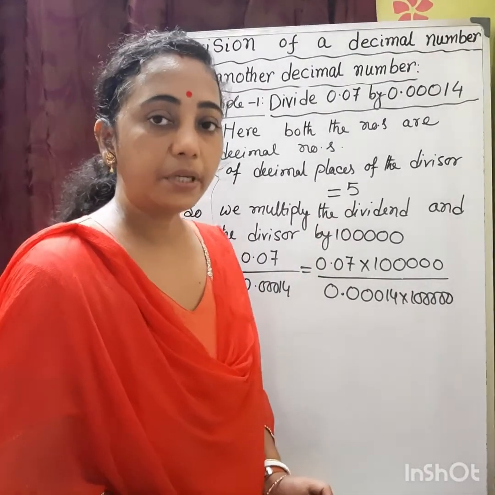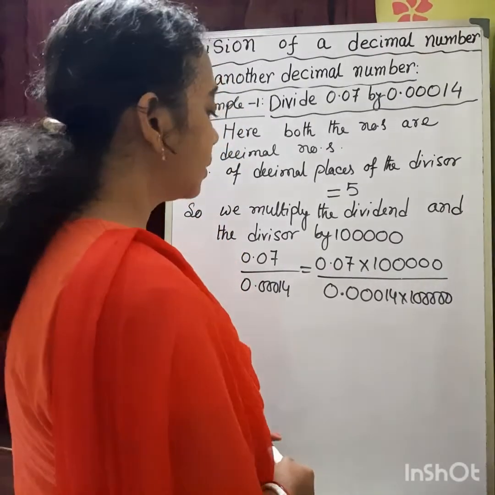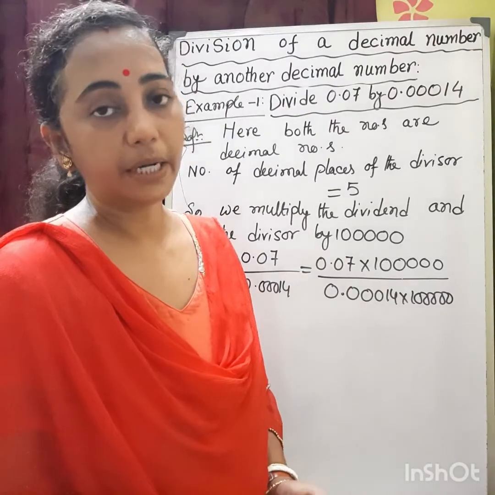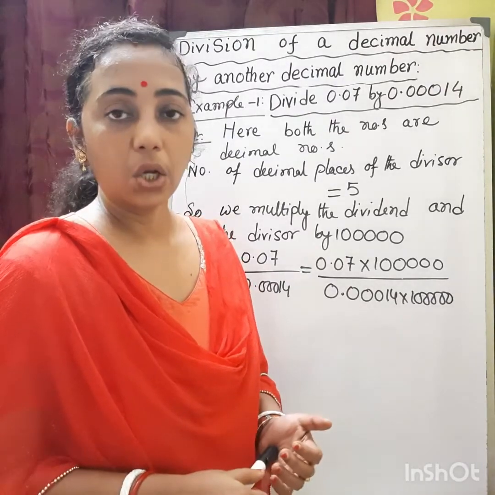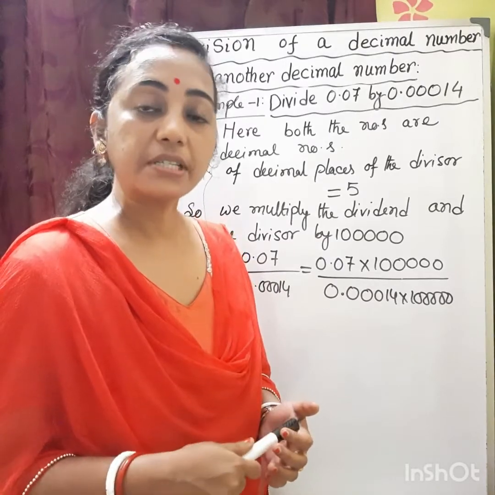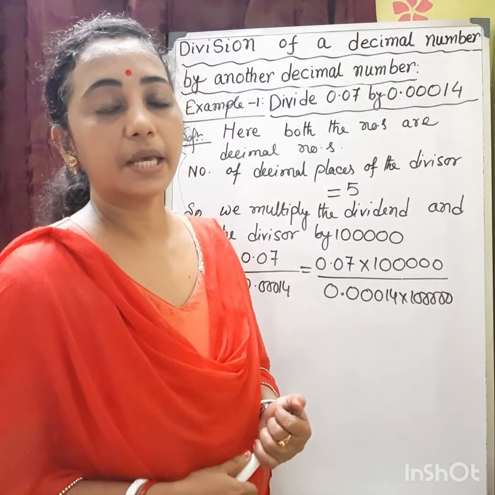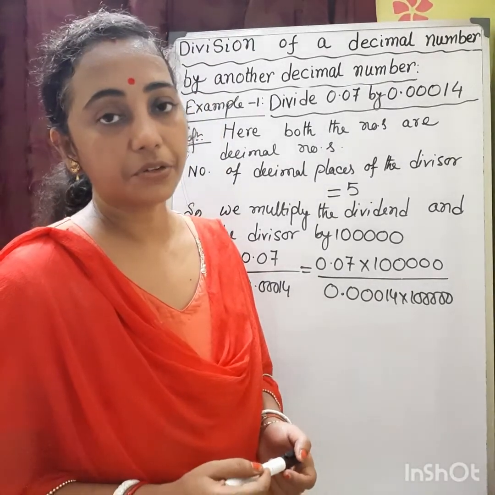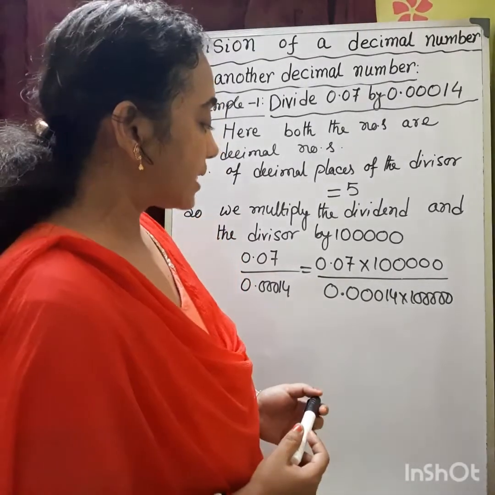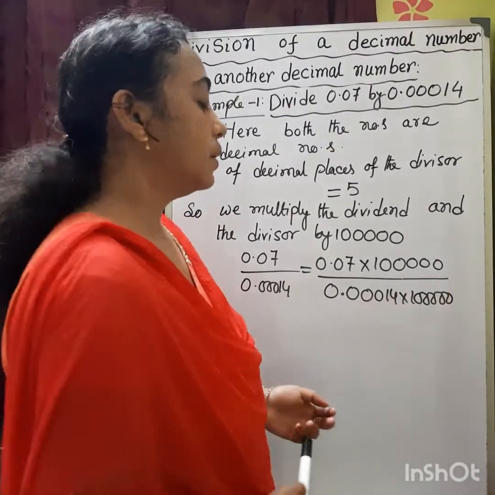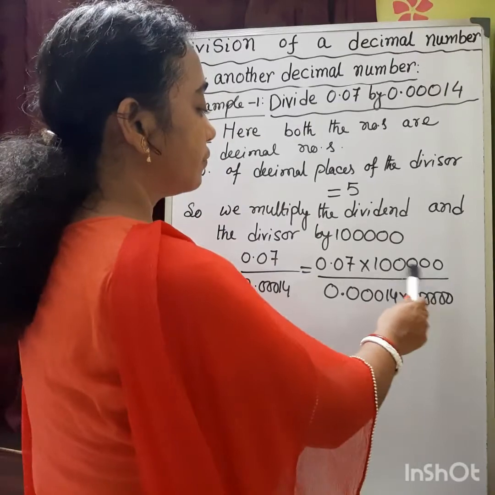Now alternatively, we can also find the product by using the rule that when a decimal number is multiplied by 10 or 100 or a power of 10, then the digits in the product remain the same as in the decimal number, but the decimal point is shifted to the right side as many places as there are zeros with 1. So in this case, with 1 there are 5 zeros.